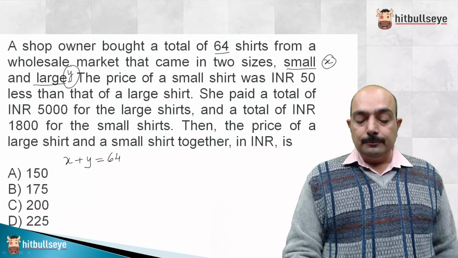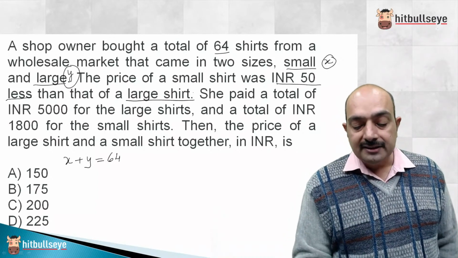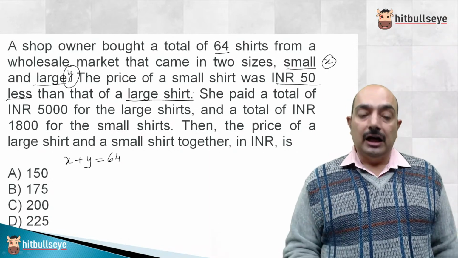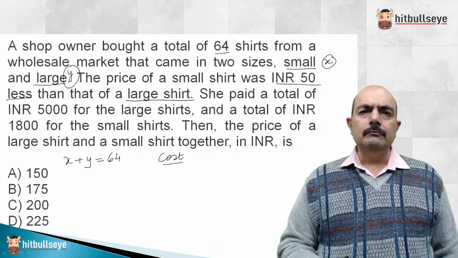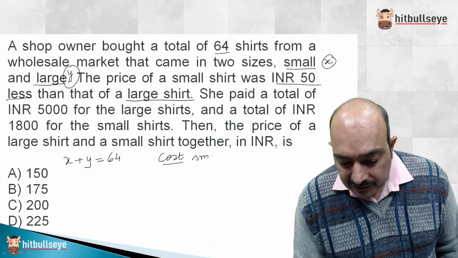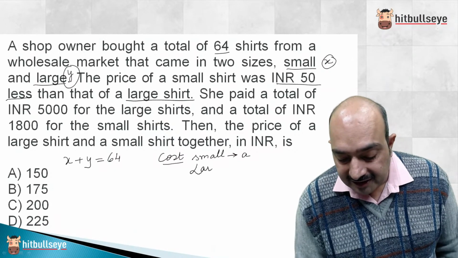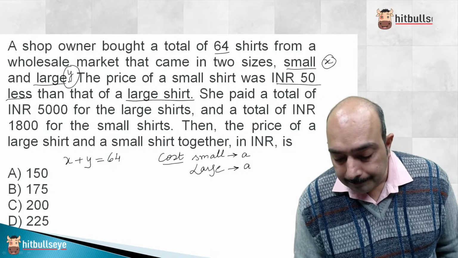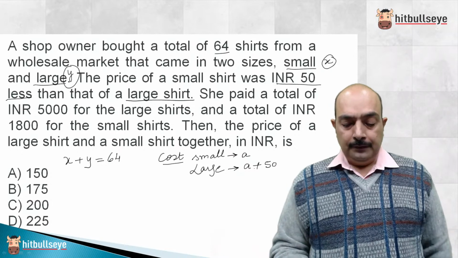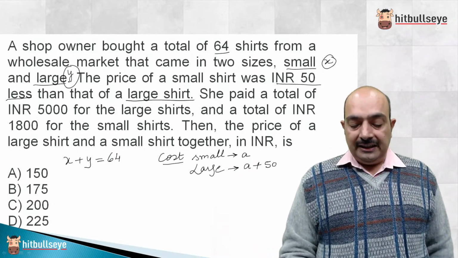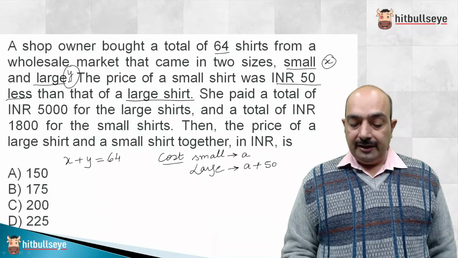Now, the price of a small shirt was 50 less as compared to the large shirt. So now let's talk of cost. If I take the cost of small as A, then large would be A plus 50. Everybody agrees with me? Small was 50 less, so I have taken A and large would become A plus 50. What next?